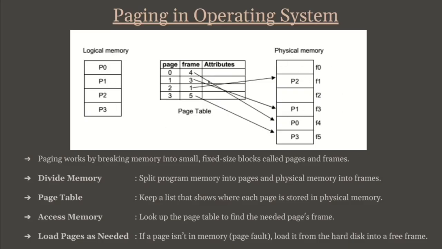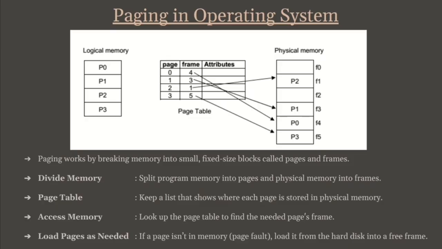And this page table keeps a list that shows where each page is stored in physical memory. When we need to access the memory, we look up the page table to find the needed page's frame. Like we can see if we want page 0, it's stored in frame 4. Just by looking at the image we can understand that.